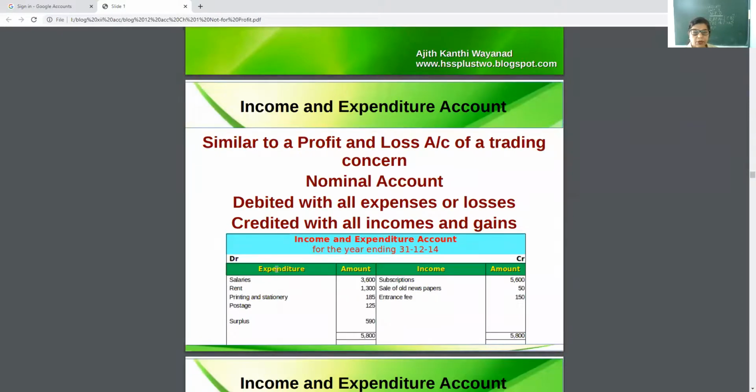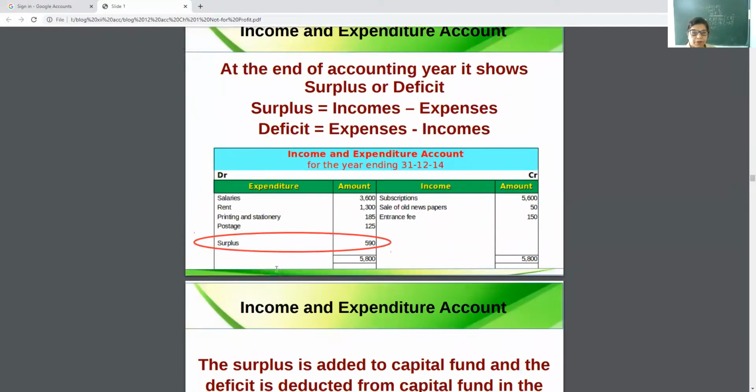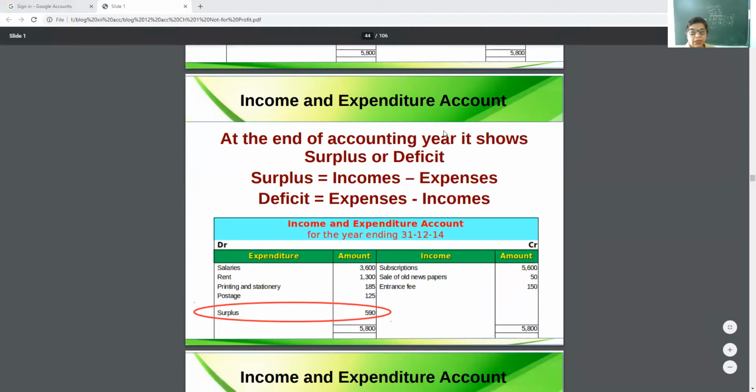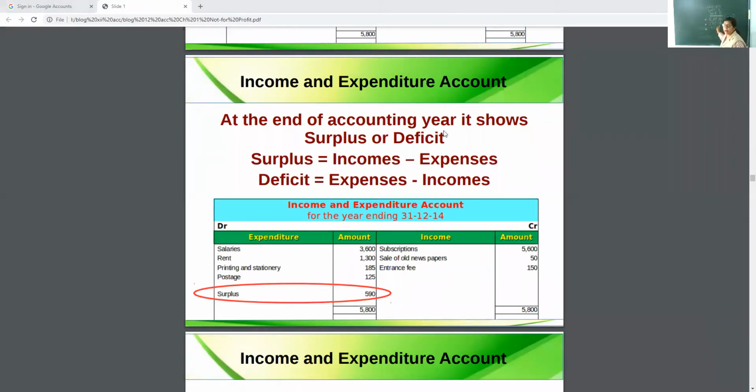Now, the next account which I am going to start today is the income and expenditure account, I and E. The income and expenditure account is prepared at the end of the accounting year, at the end of the fiscal or financial year.